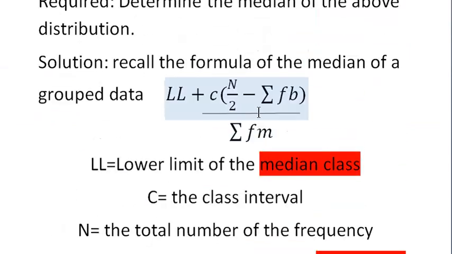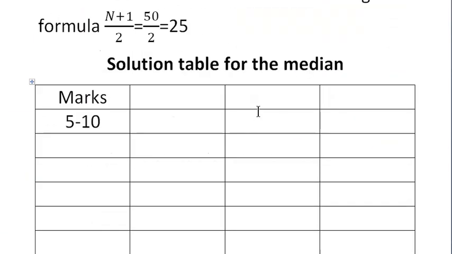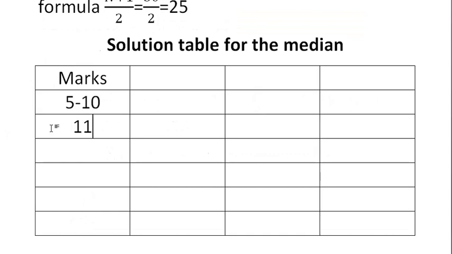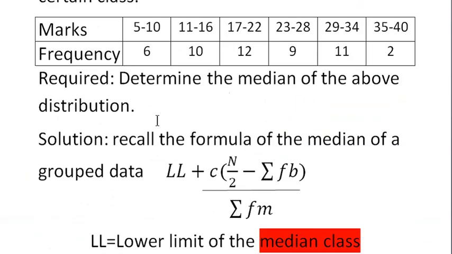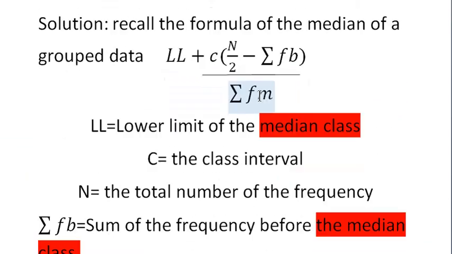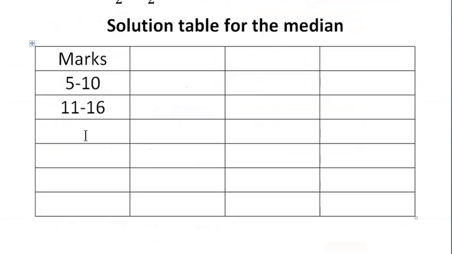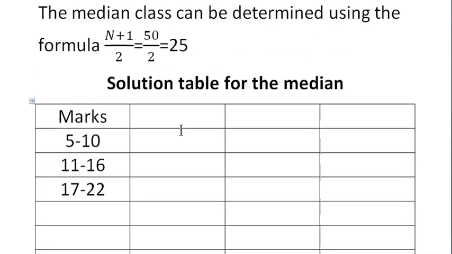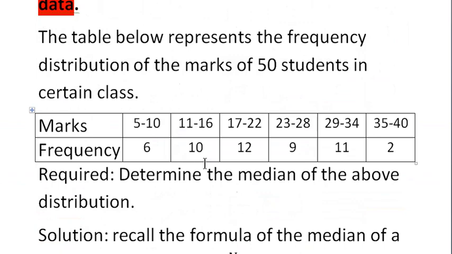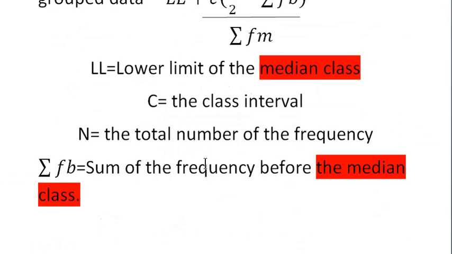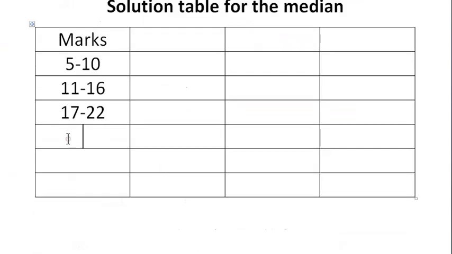The second class is 11 to 16. Then we'll have the third class to be 17 to 22. We have the fourth class to be 23 to 28.